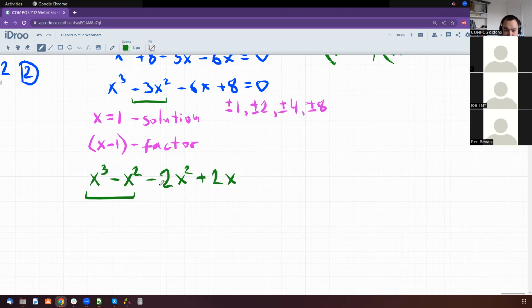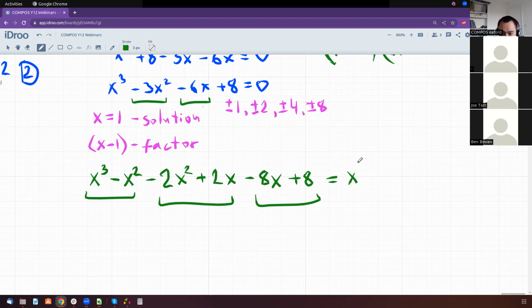So now I can factor out x minus 1. But I don't have 2x, I have minus 6x, so I say minus 8x. I split minus 6x into 2x minus 8x. And finally, I have 8. So you can see I have 3 groups, and from each group I can factor out x minus 1.